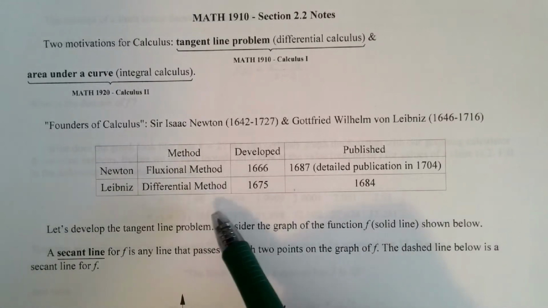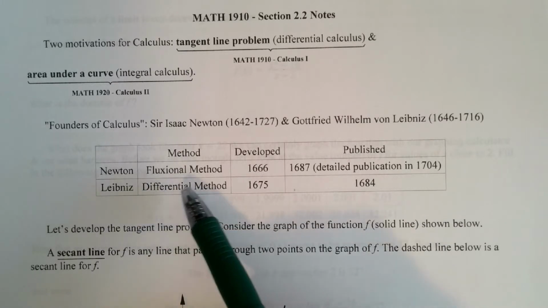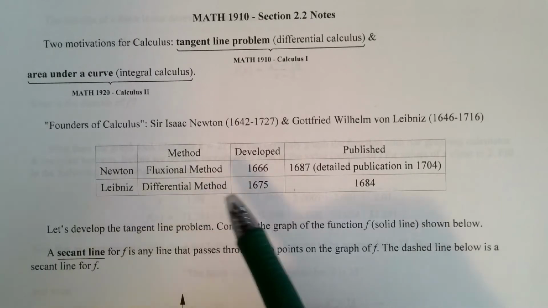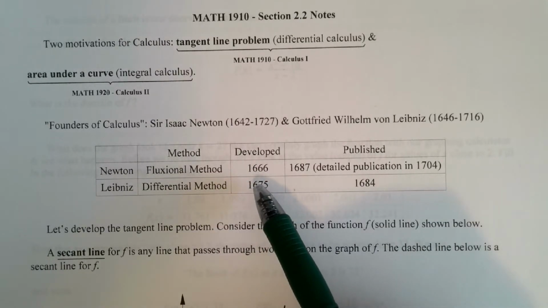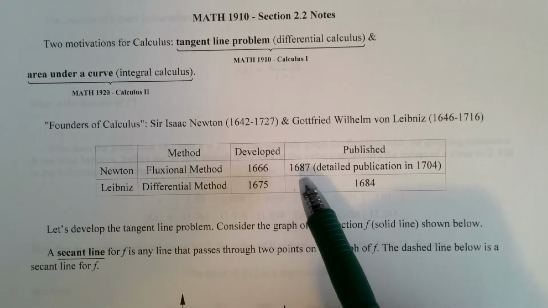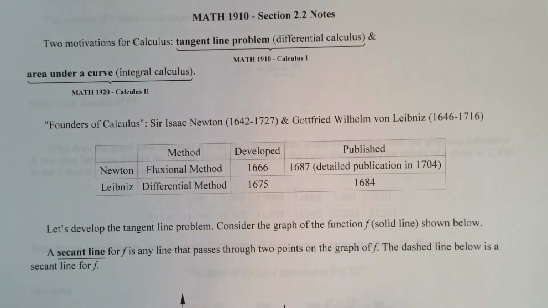I've got a little chart here that talks about the two. Newton developed his method in 1666, the so-called fluxional method, but he didn't publish until 1687, and actually a more detailed one wasn't published until 1704. From what I understand, Newton was very reluctant to publish things, and so that was the delay there.